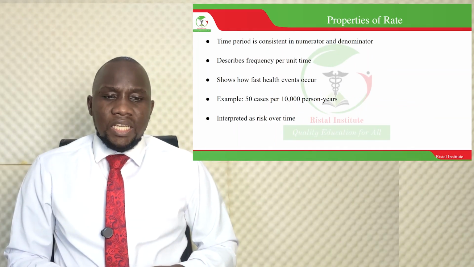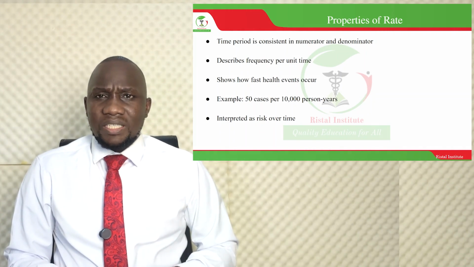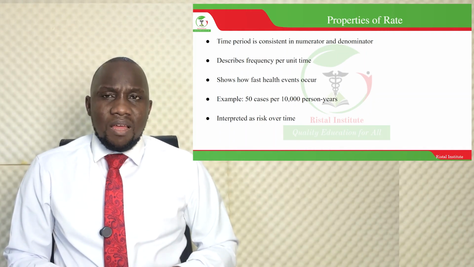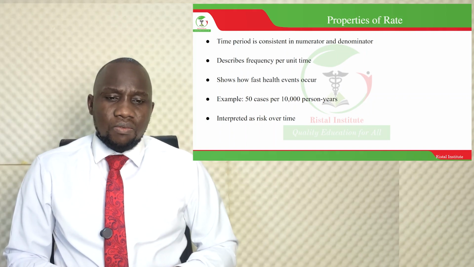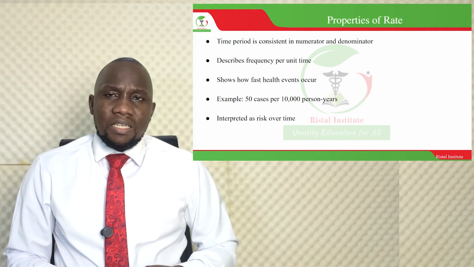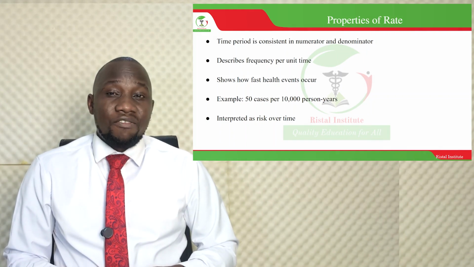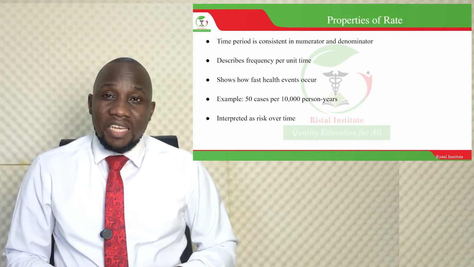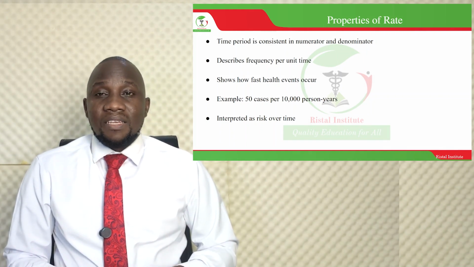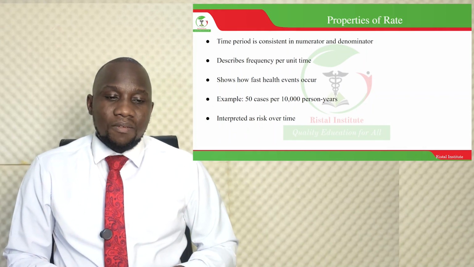Properties of rates. Time is always there. If you look at any number and there is a time dimension to that number, think about a rate. This time can be in different units: seconds, hours, days, years, and things like that.